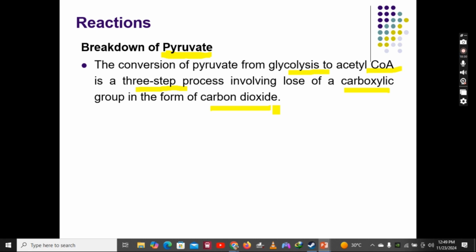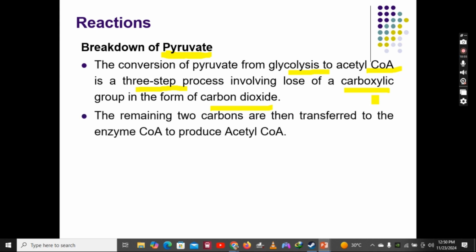So in these reactions, the moment the pyruvate from glycolysis has been produced, it undergoes these 3 steps where it's broken down. In the breaking down of pyruvate, we have the loss of the carboxylic group, and carbon dioxide is produced.